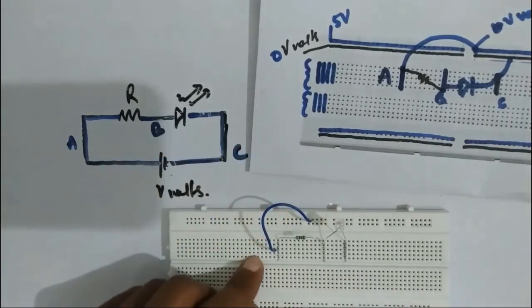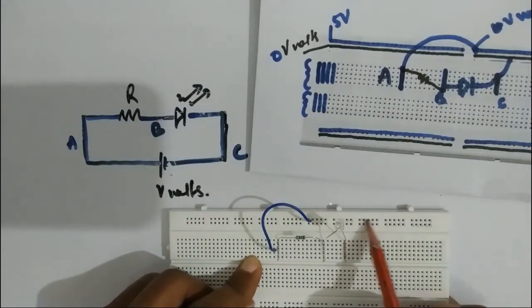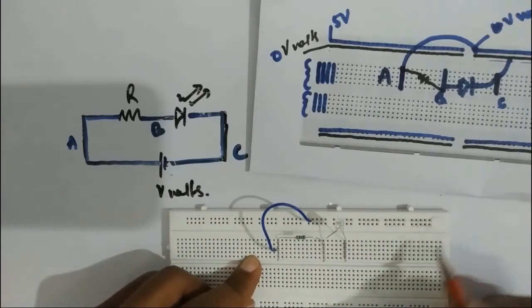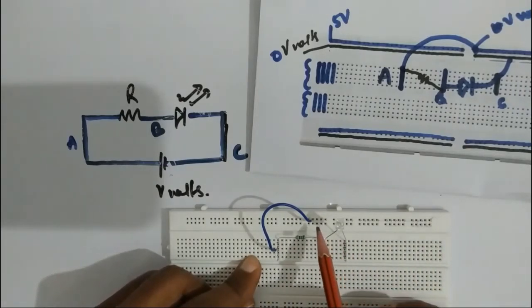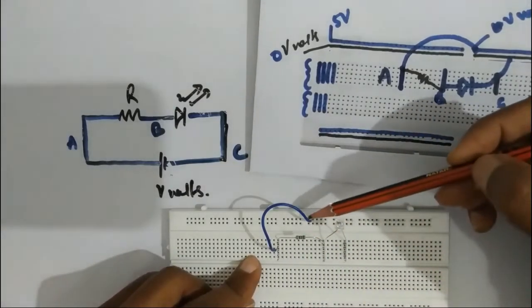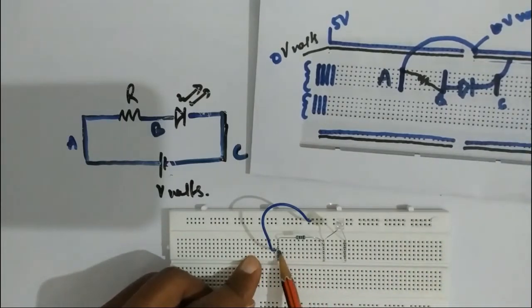So we have connected it to the upper power rail, the topmost row of the breadboard, and by giving 5 volt or V volts over here, all the ports in this half portion, starting from this point to this point, will become V volts, and A is connected to one of the ports.